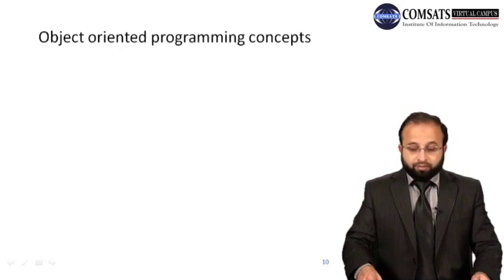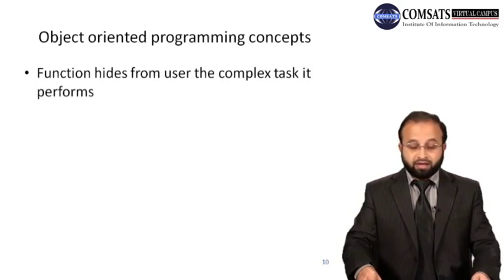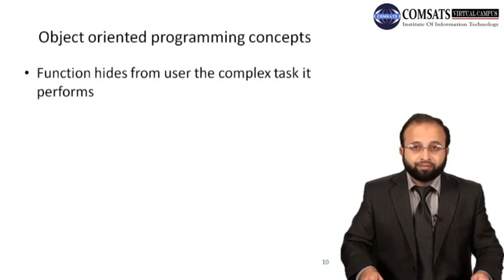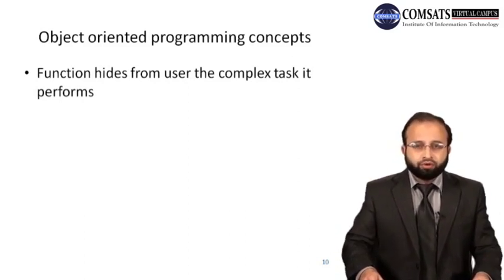So, object-oriented programming concepts: the function hides from the user the complex task it performs. Like in our previous course, we have seen what a function is, and we made a bake cake function.